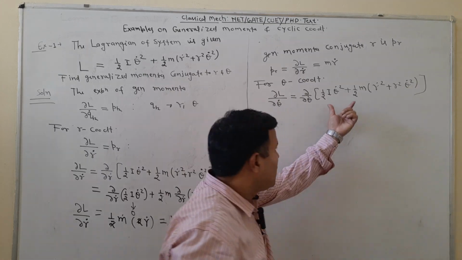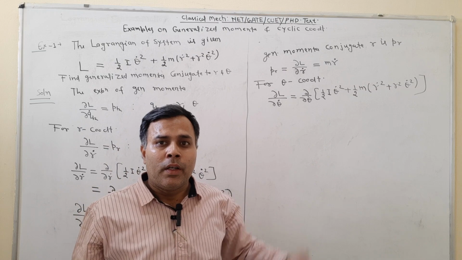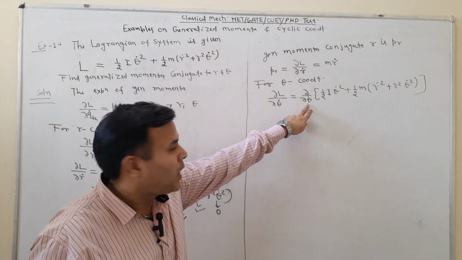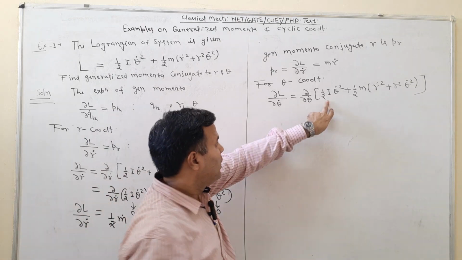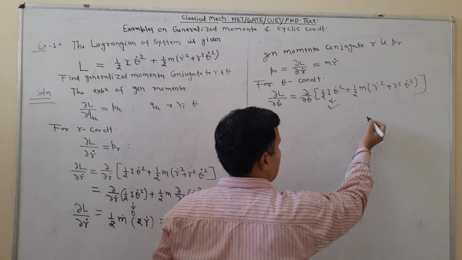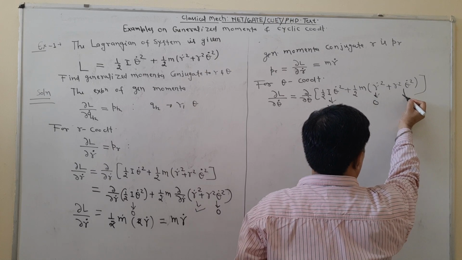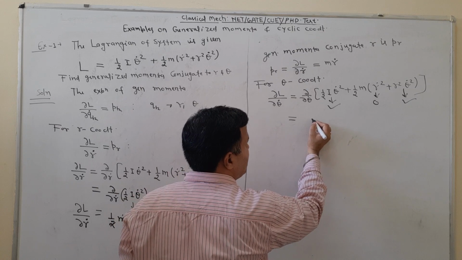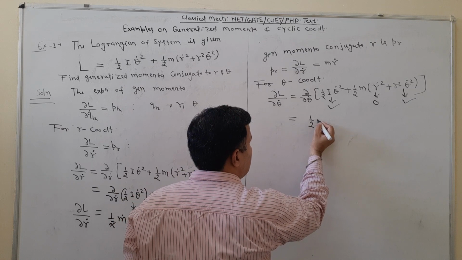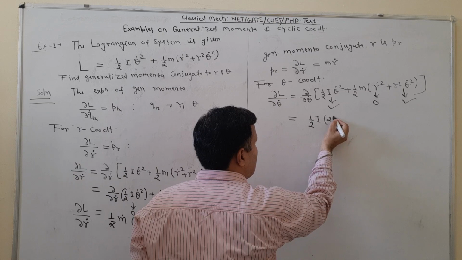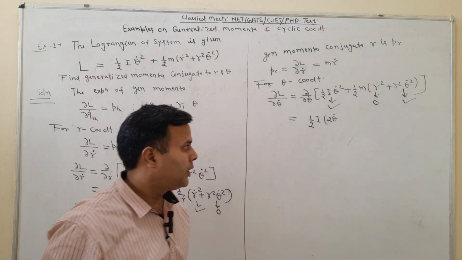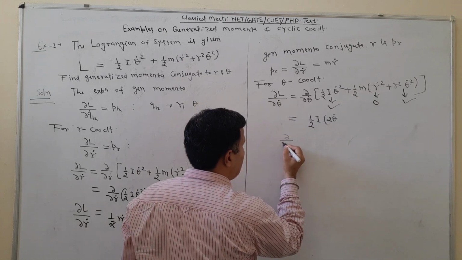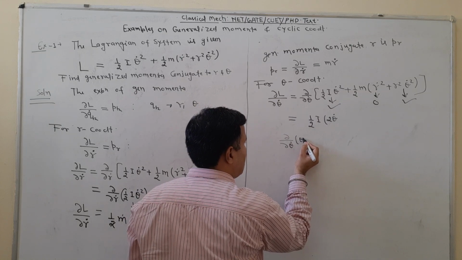Now we have two different expressions in theta dot, so corresponding to those we have some value and the rest will be 0. Now differentiating partially with respect to theta dot, this will give something, this will give 0, and this will again give something. So we have 1 by 2 I, and differentiating theta dot square gives twice theta dot.